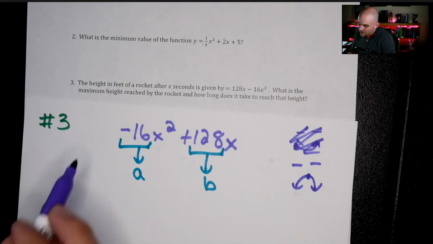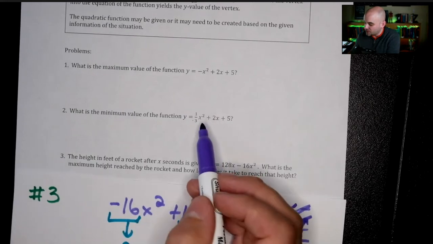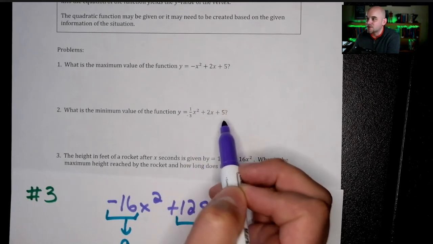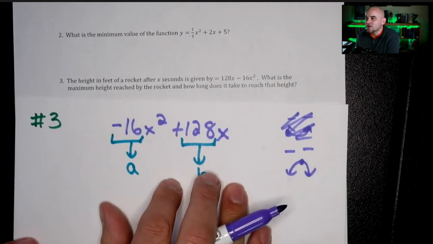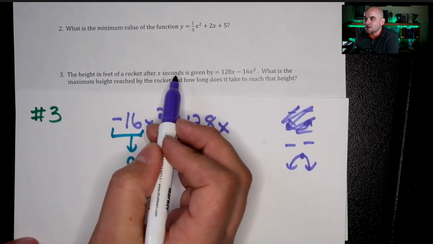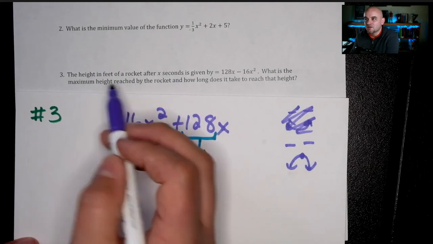And another thing to note in word problems like these is to be careful of your variables. What is X representing and what is Y representing? When we just do questions like this, there is no representation there. They're just X's and Y's. But here, X is representing time. See how it says X amount of seconds? And the height is going to be our Y value.